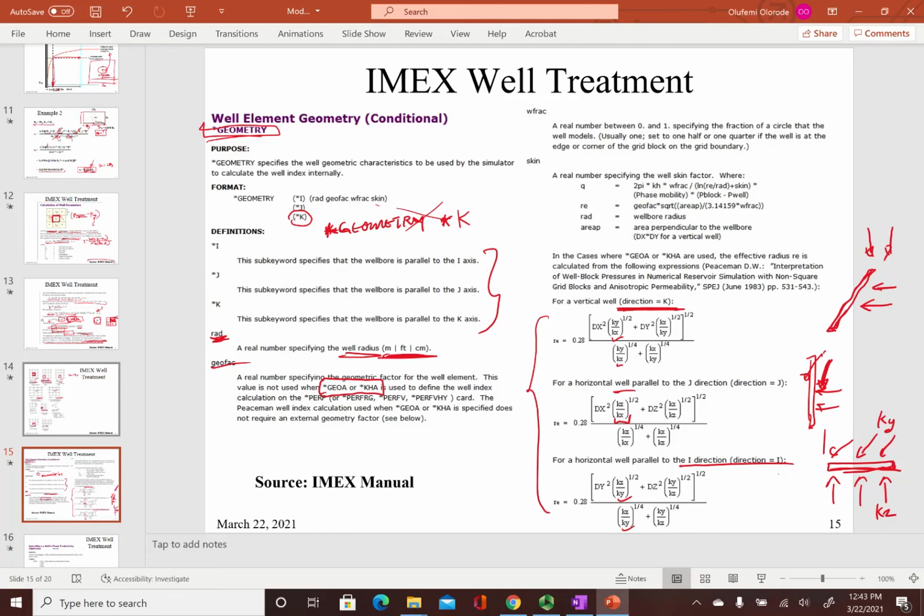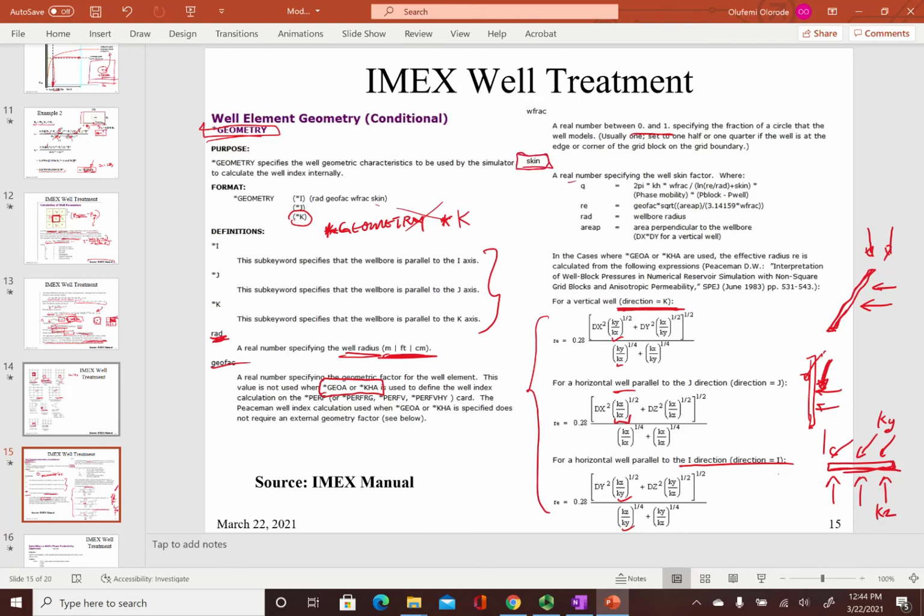I already explained the well frac, and it's a real number. Oh, sorry, we're talking about skin now.